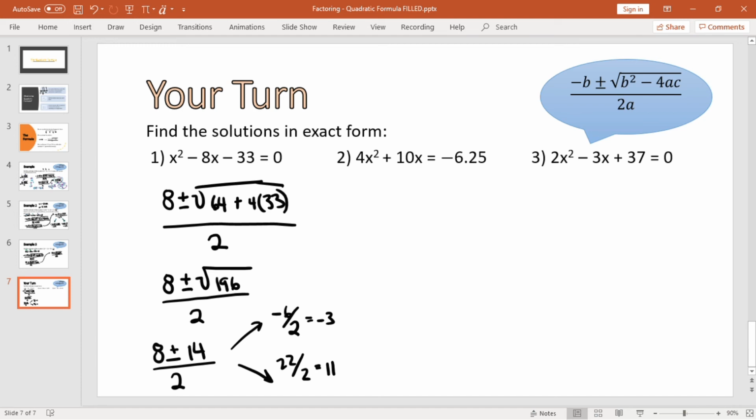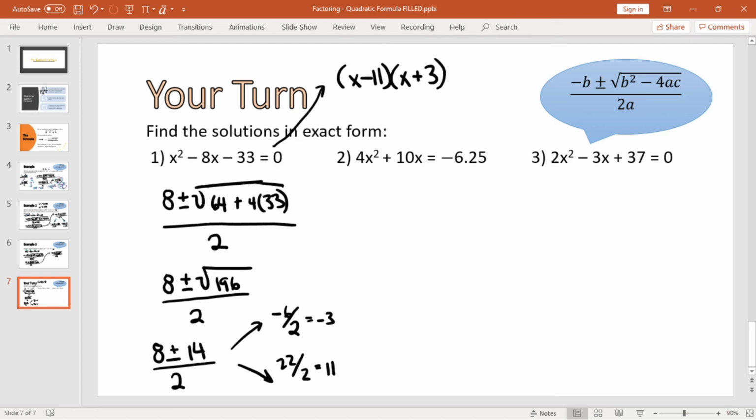So what this tells me is this actually is factorable. And if I had factored it, just something to observe, the actual solutions are that, but in factored form, this equation would be, if I just quickly factor, x minus 11, x plus 3. So noticing that the solutions for the equation are the opposite sign of what you see in factored form.